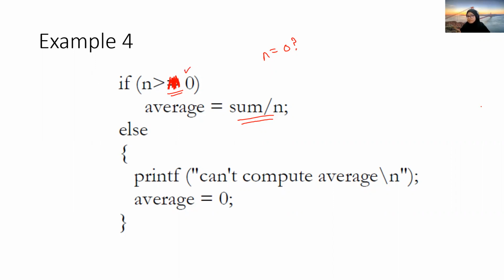The condition expression makes sense, logically makes sense from a human standard point of view, and you can calculate the average. Otherwise, if it's negative or zero, then you cannot compute the average. Okay, any question on that?